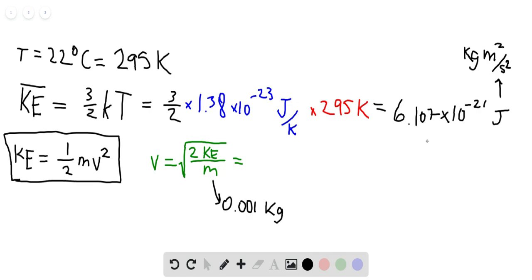Right, and let's keep going with this here. So I'm going to write it down, 2 times kinetic energy. We will use the average kinetic energy because we don't know which molecules to pick from the gas, so it seems like a good idea to just pick the average molecule.